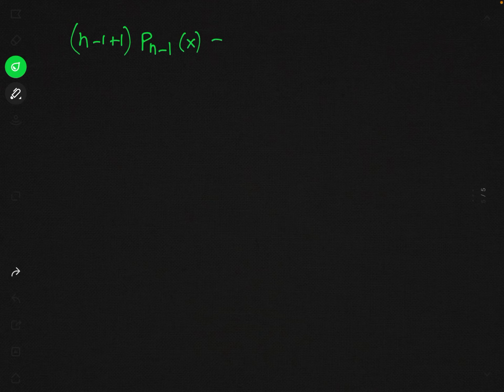And again in RHS there is the term P prime n plus 1. So n will be now replaced by n minus 1. So this will be n minus 1 plus 1 of x, and minus x into Pn prime of x, but n will be now replaced by n minus 1 of x.